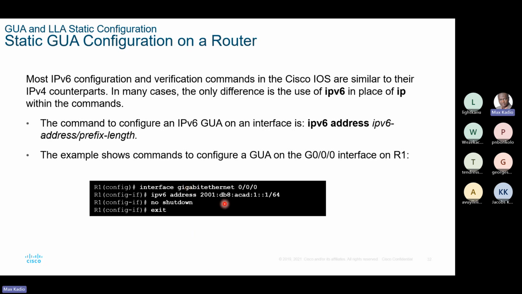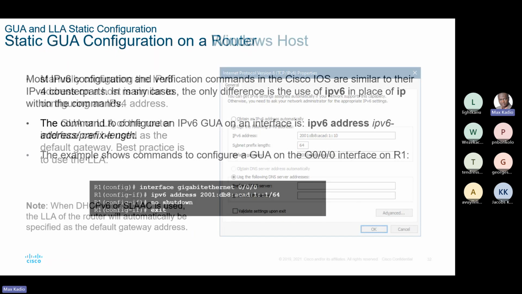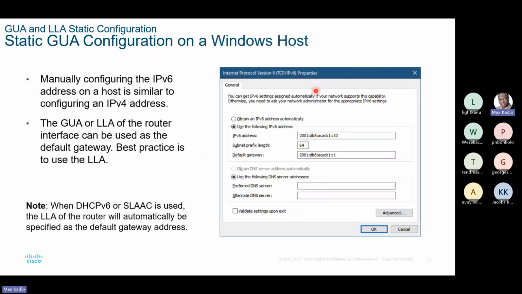Okay, we'll do them in the labs. So if you need to assign via packet tracer, we come here, and this is an example of what we do. The /64, we put the 64 here, and we put the IP address here. This one is for the default gateway.